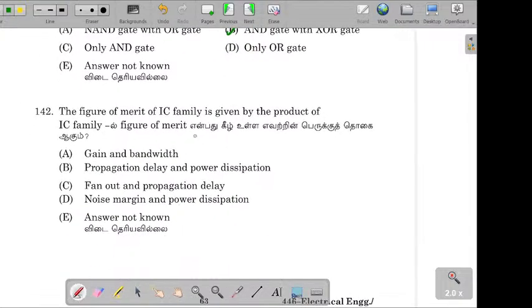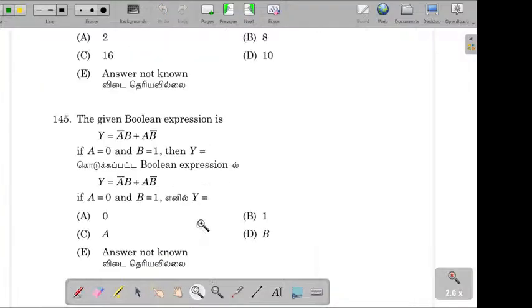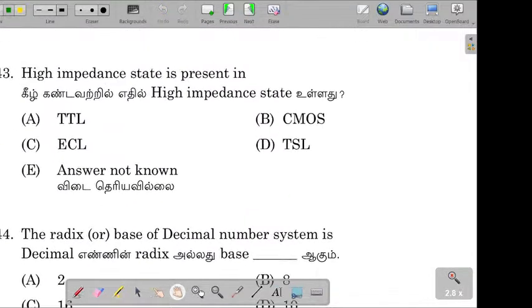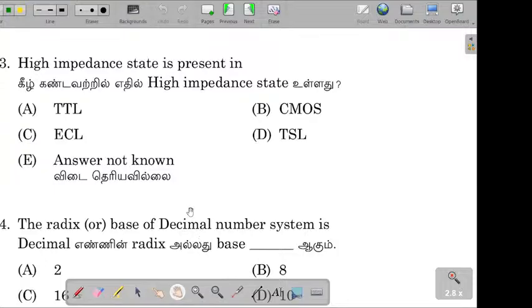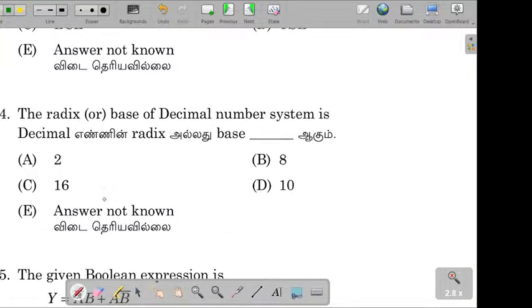The figure of merit of IC family is given by the product of propagation delay and power dissipation. High impedance state is present in CMOS. The radix or base of decimal number system is 10.